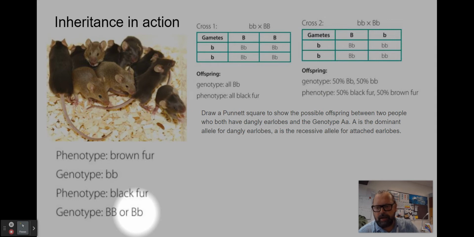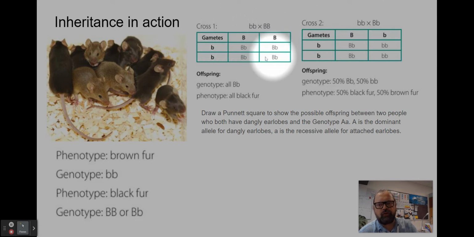So black mice can be homozygous dominant or heterozygous, whereas brown mice, because brown fur is recessive, would only be brown if they are homozygous recessive. So the brown mouse has to be little b, little b. The black mouse could be big B, big B, or big B, little b.